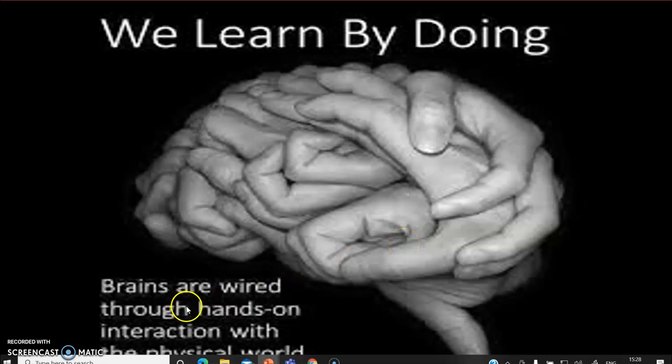Brains are wired through hands-on interactions with the physical world. I told you neurons are connected to the brain. Suppose this is the brain picture, and the hand is also there. When something is created in the brain, it takes it from the cosmos, from the physical world.